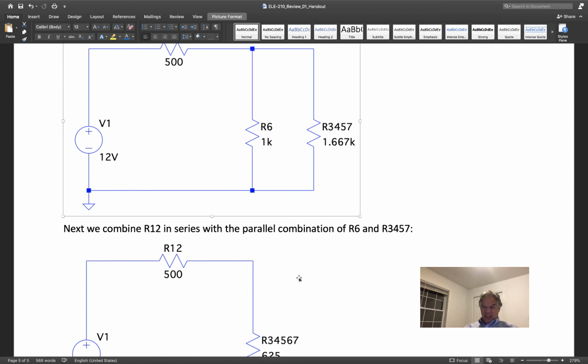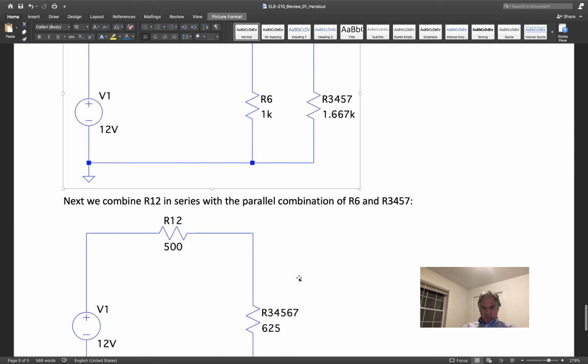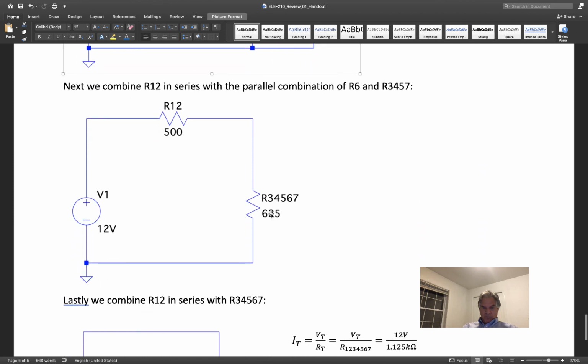So 15/9 divided by 8/3 will get you 5/8, which is 625. So you get 625 ohms in that combination.